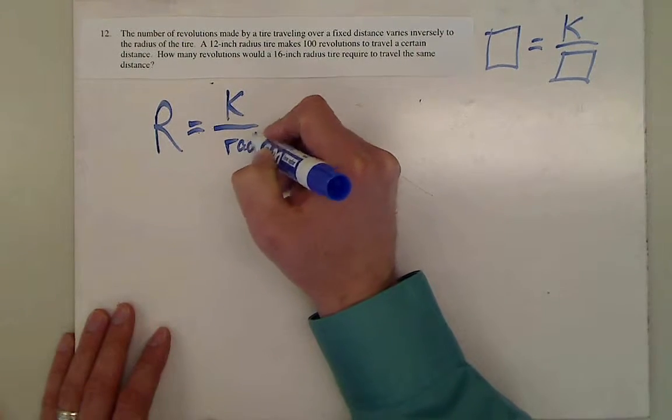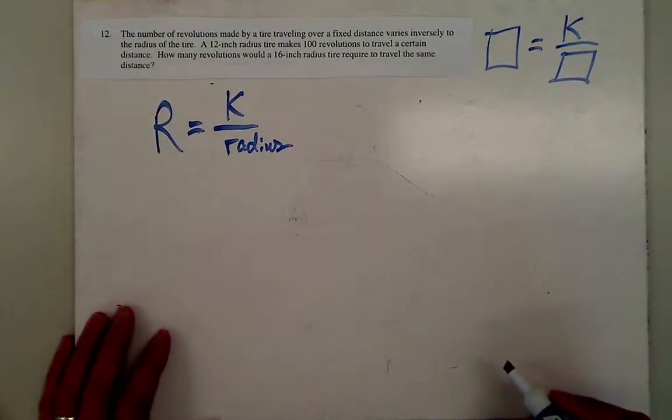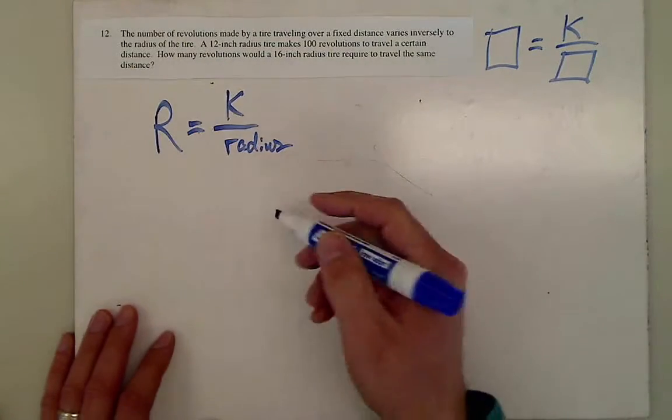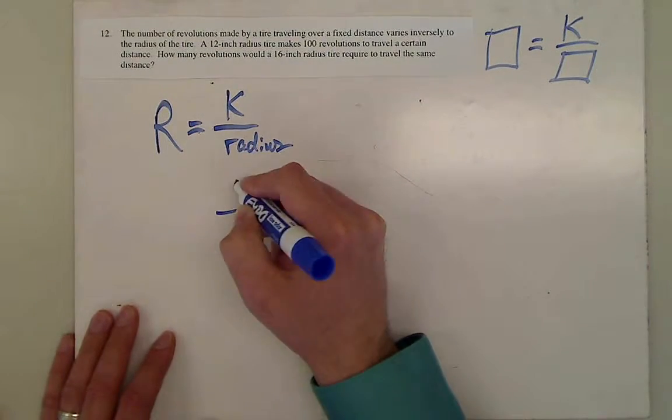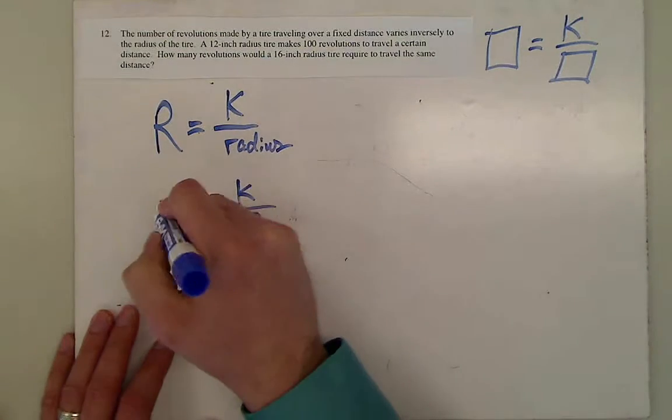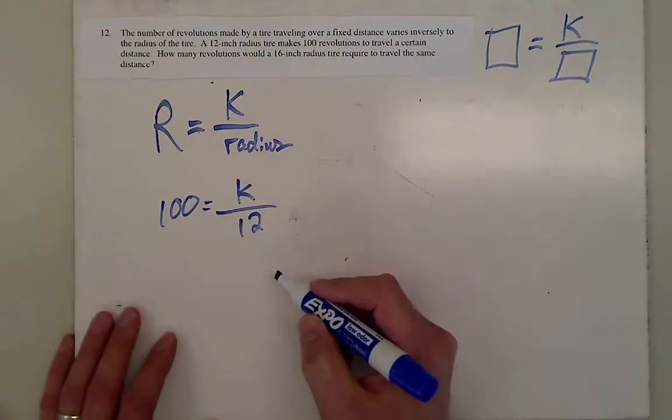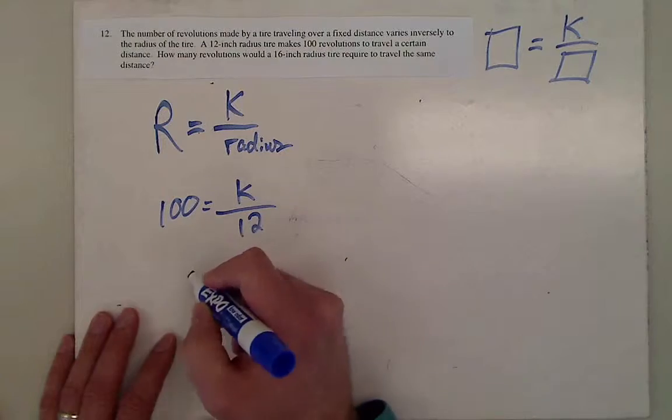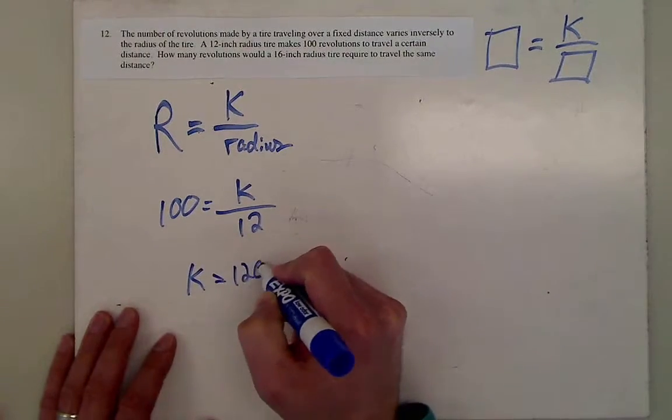Small r radius. So they tell me that a 12-inch radius tire, that goes down here, makes 100 revolutions. I can multiply by 12 on both sides to get my k is 1200.